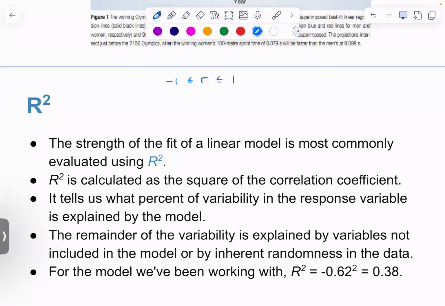Now, if I square it, r squared is going to be between 0 and 1. Anything between 0 and 1, right, can be rewritten as a percentage. Now it's a proportion or a percentage.